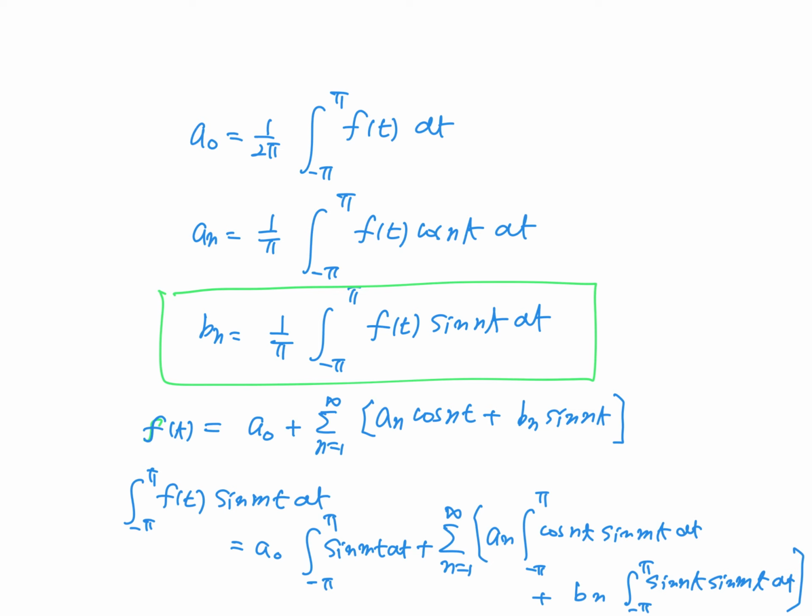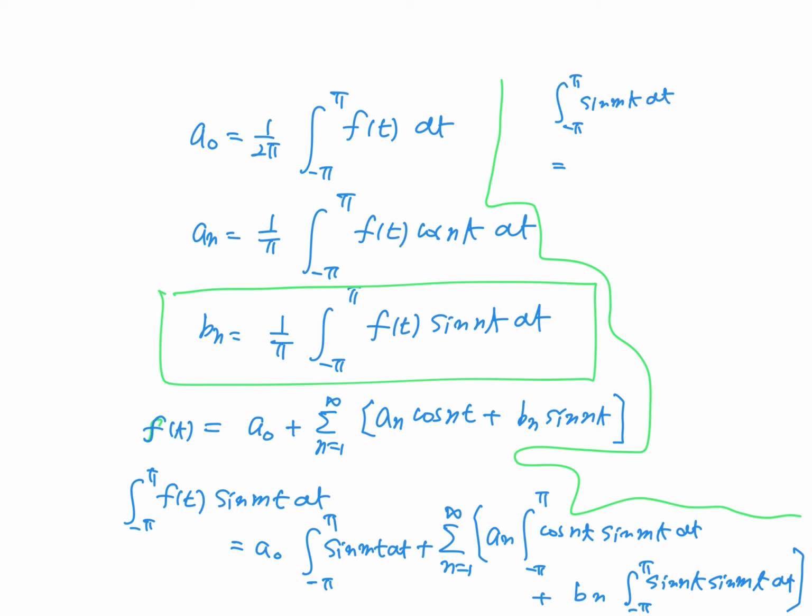So maybe we should save the space. I'm going to do some calculations here. So this is easy, right? Integral from minus pi to pi of sine mt dt. So if you integrate sine, what do you get?